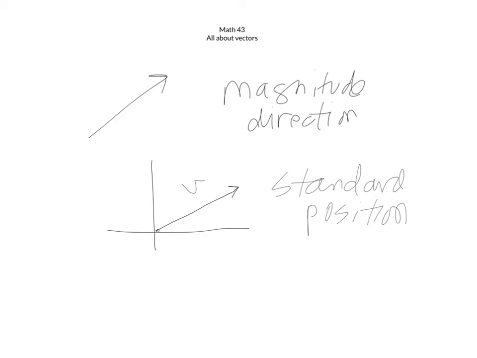Magnitude and direction. So for this particular vector v, its magnitude is simply its length. And the way we indicate magnitude is like this. The way we indicate its angle or direction is with the angle theta, which is between the positive x-axis and the vector itself.